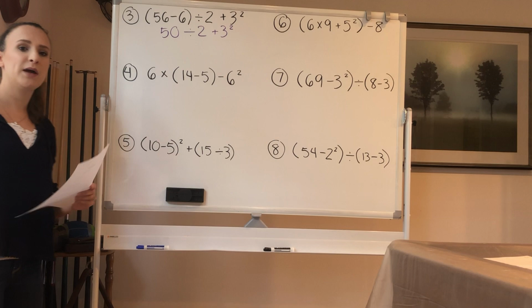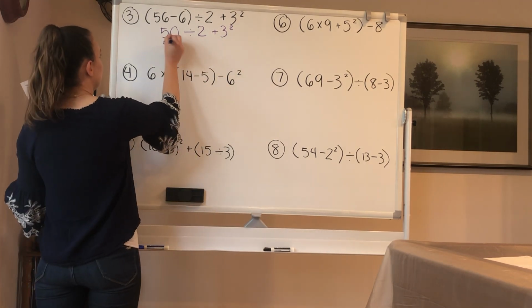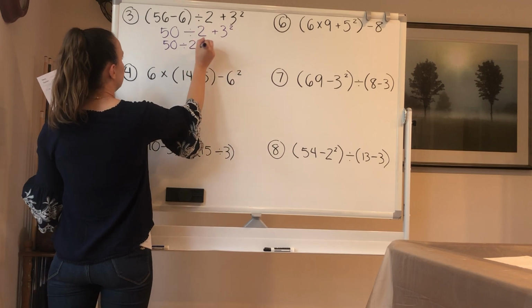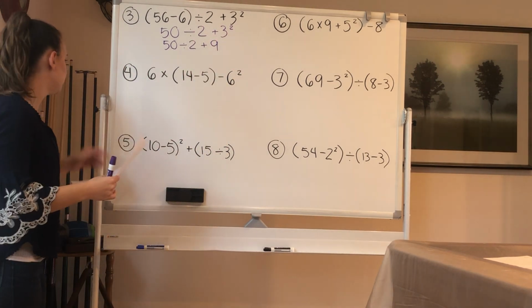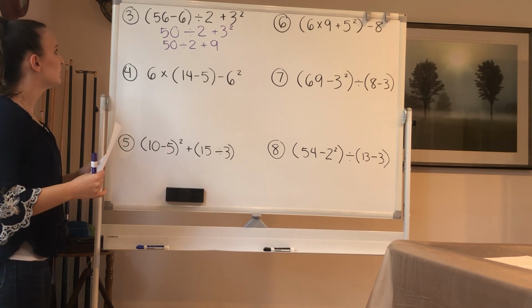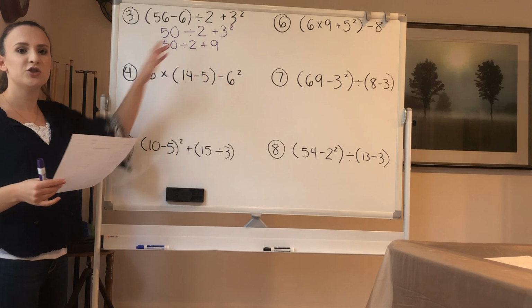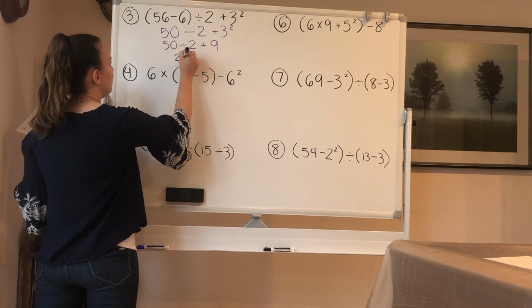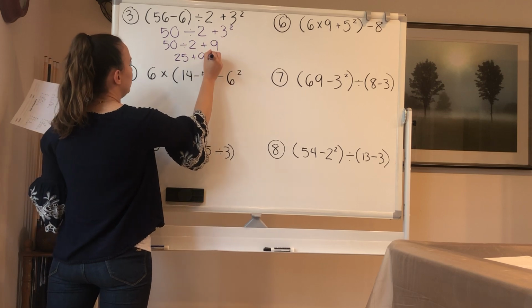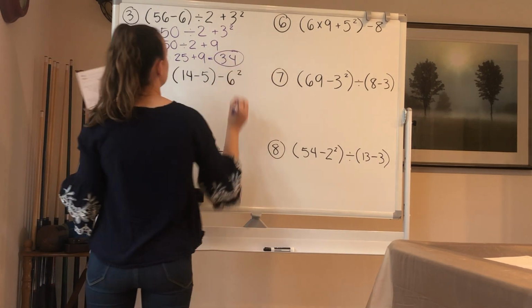The next step in PEMDAS is to do the exponent. So 50 divided by 2 plus 9, because 3 squared is 3 times 3, which is 9. Next we have division, and then we have addition. Division comes before addition. So 50 divided by 2 is 25, plus 9 equals 34. And that's your final answer.